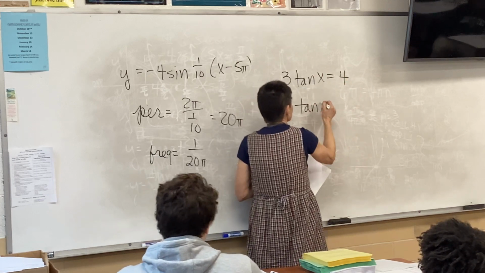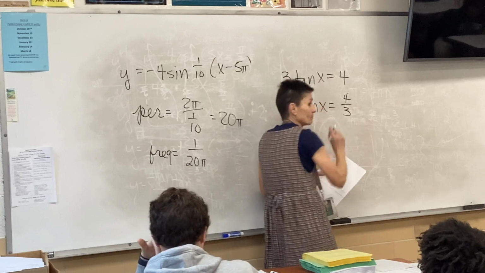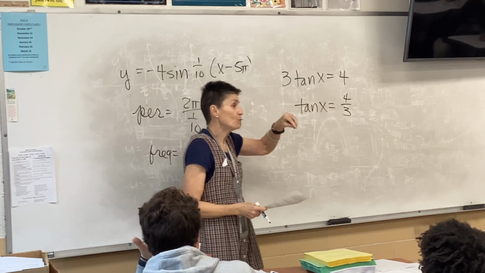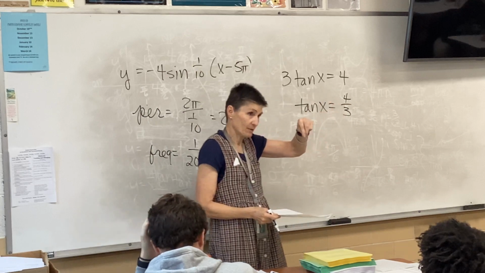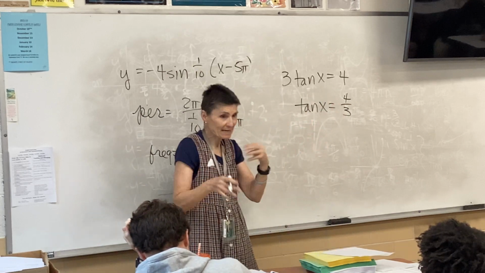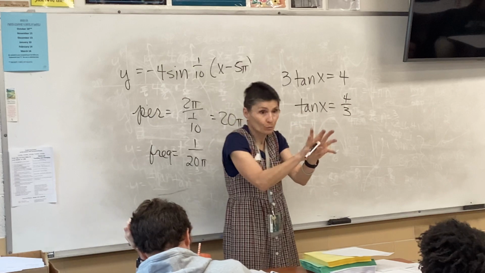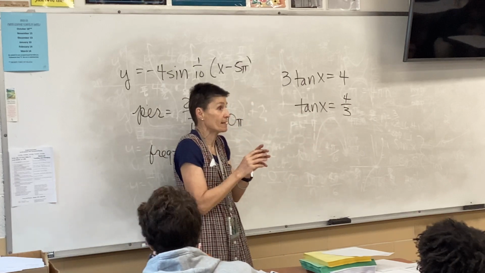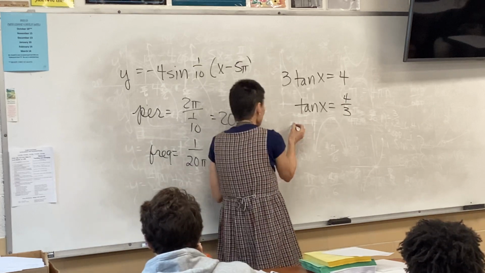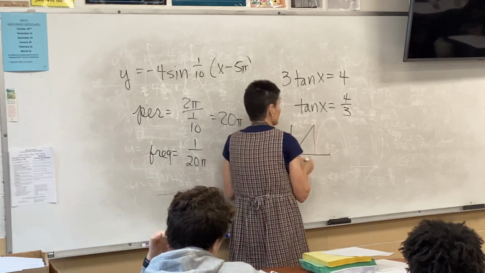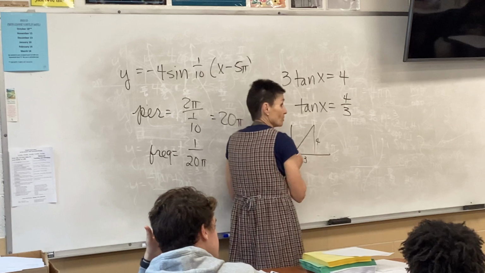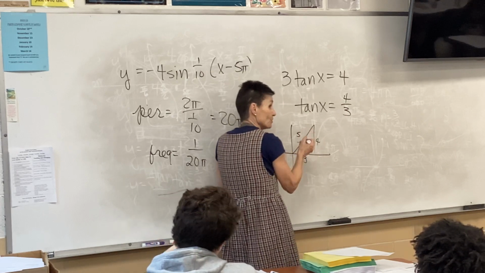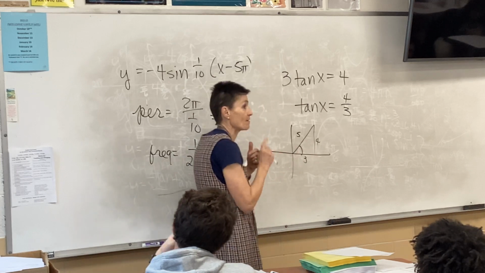When I divide, I get 4/3. If I'm going to do this without a calculator, the only numbers I can handle are the special triangles: 1, root 3, 2, and 1, 1, root 2. I can draw a triangle that has a tangent of 4/3, and I know that I can find the hypotenuse, but I have no idea what that angle is, and that's my job, right?